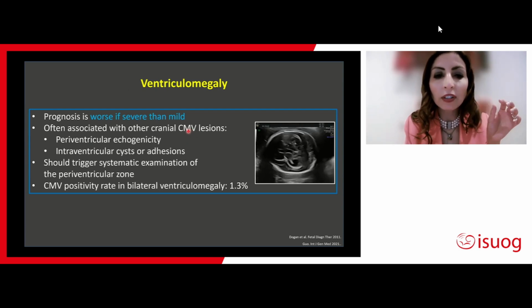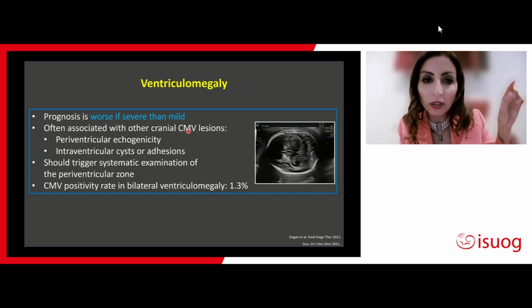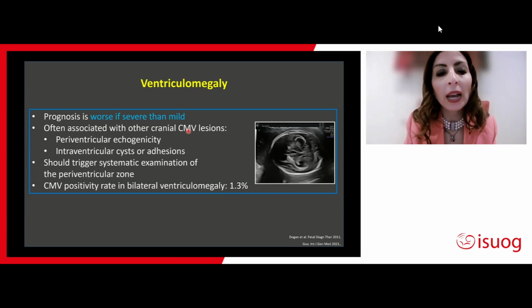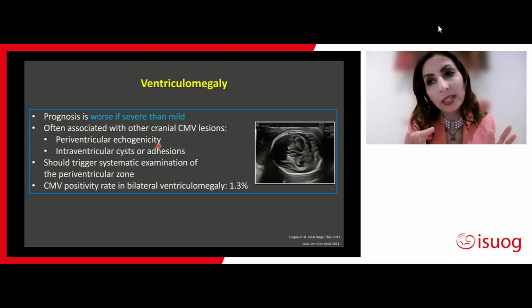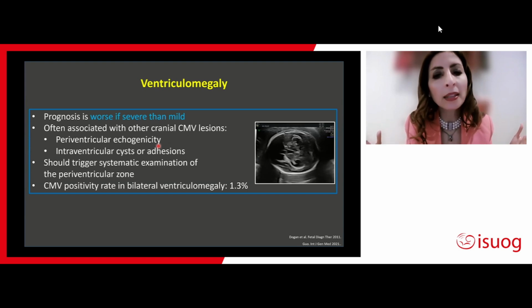If you have ventriculomegaly, be careful, go and interrogate the periventricular zone, the echogenicity, looking for the cyst or intraventricular adhesions. And if you just have ventriculomegaly on a routine 20-week anomaly scan, and if you have bilateral ventriculomegaly, when you do the TORCH screen, the chance of CMV is only about 1%.